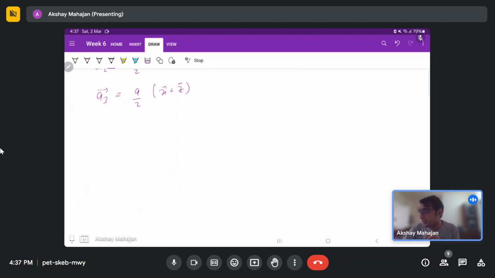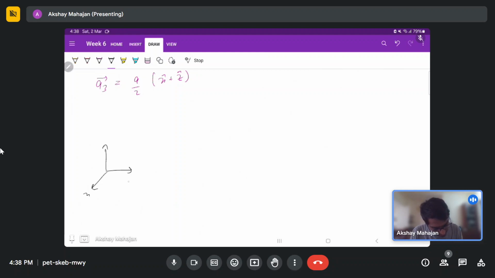For a face-centered cubic, let me just check if I have written all the neighbors. It is difficult to actually show you all the neighbors here.